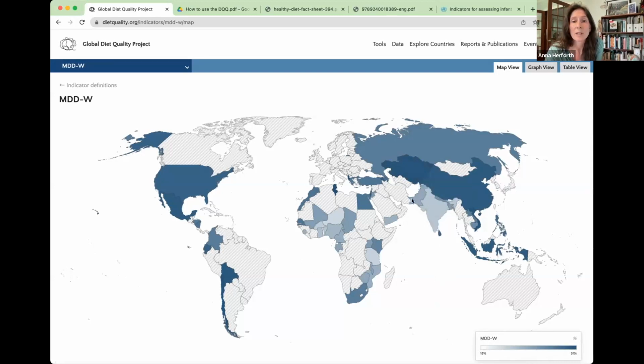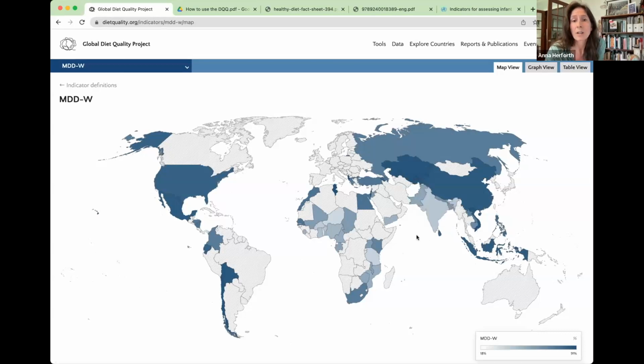And the minimum comes from Afghanistan. We know that conditions in Afghanistan are very poor for women's rights and equity, and in general a very poor situation in terms of food access and health and well-being. And we see that reflected, heartbreakingly, in the data here.